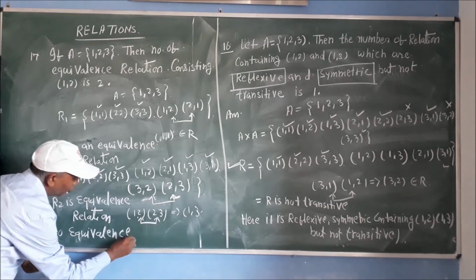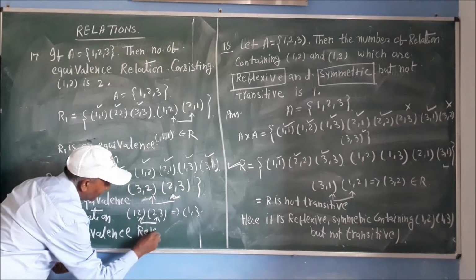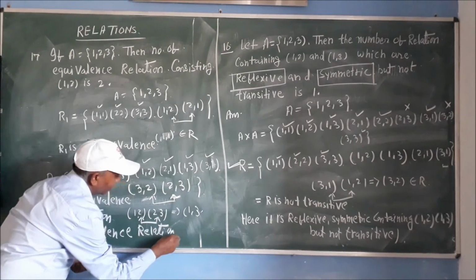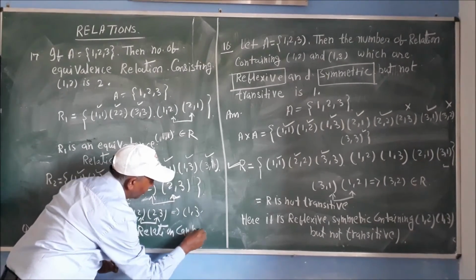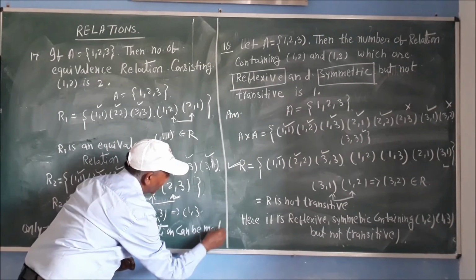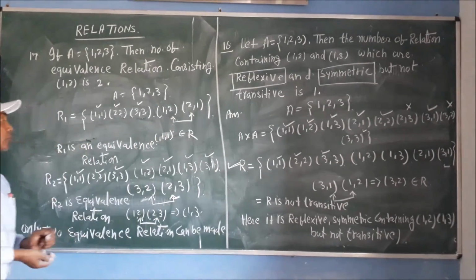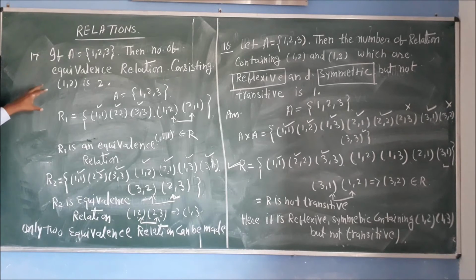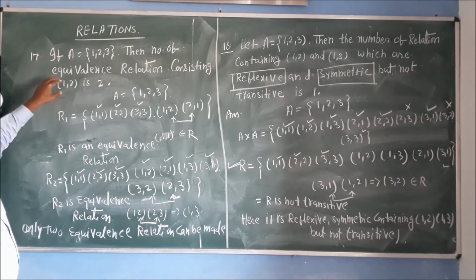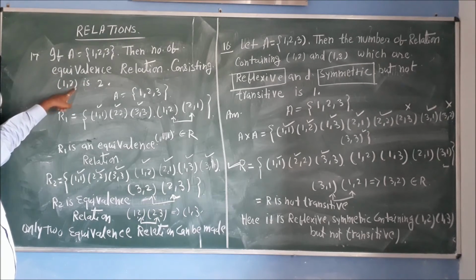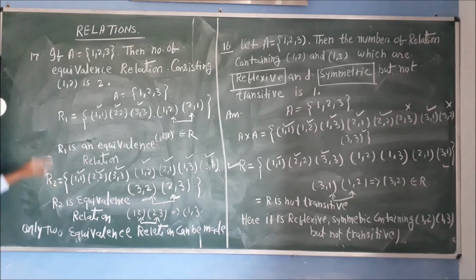Only two equivalence relations can be made. केवल दो ही इक्विवेलेंस रिलेशन हम बना सकते हैं, दो से ज्यादा इक्विवेलेंस रिलेशन नहीं बनेंगे, जबकि क्वेश्चन में दिया गया है कि (1,2) must be in the relation. So R1 and R2, there are two equivalence relations.